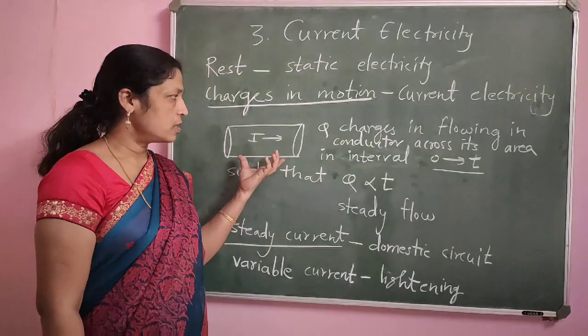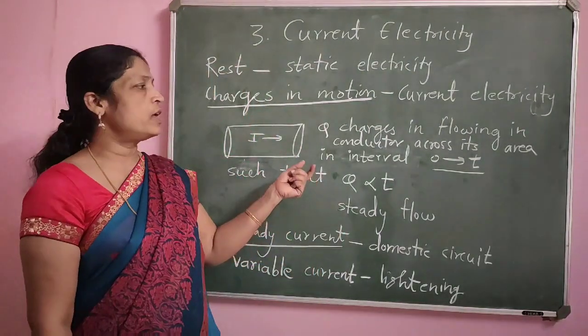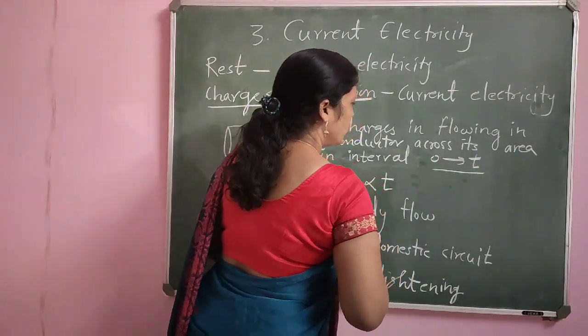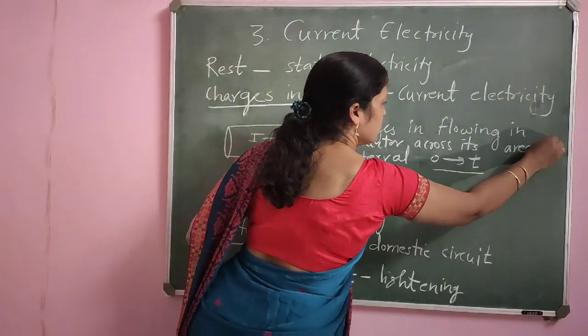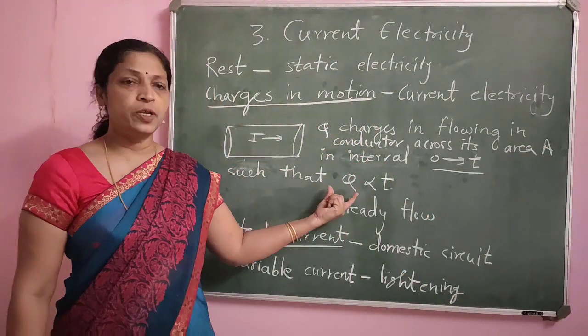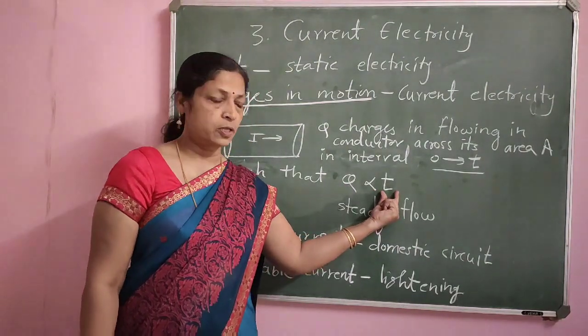Consider a conductor in which Q charges are flowing across an area A in an interval 0 to t, such that the charge flowing in the conductor is proportional to time t.